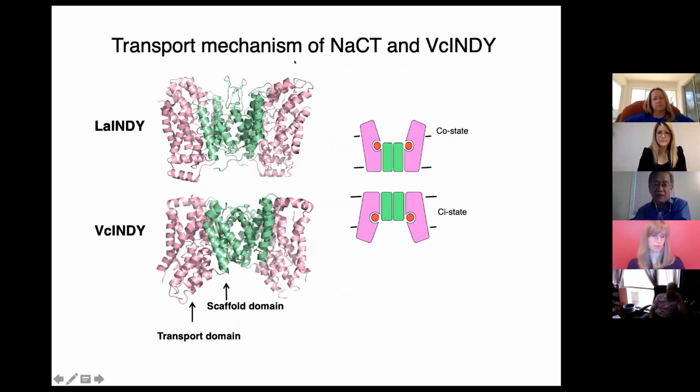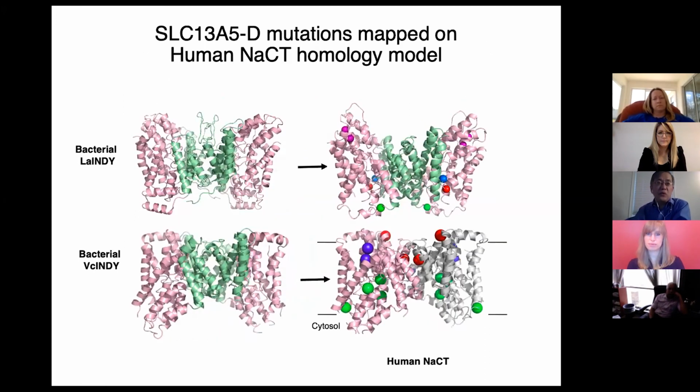So indeed, we have this structure in an outward facing state. And then we did modeling again. We modeled the human NaCT protein based on the bacterial protein structure. The sequence identity is about 25 to 30%.